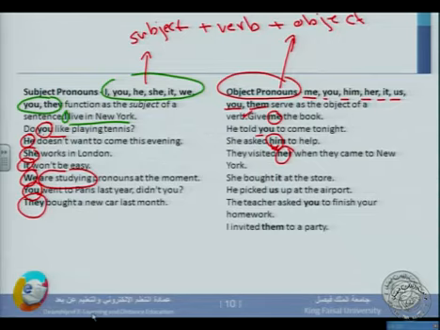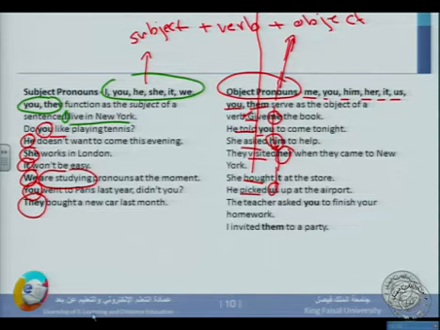She bought it at the store. He picked us up at the airport. لاحظوا هذا الفعل, هذا الفعل, هذا الفعل. جاءت كل الأوبجكتس, لاحظوا هذه كلها أفعال, والأوبجكت جاءت هنا. Okay?